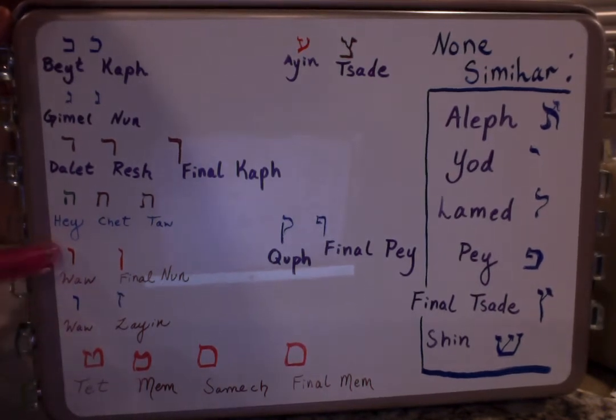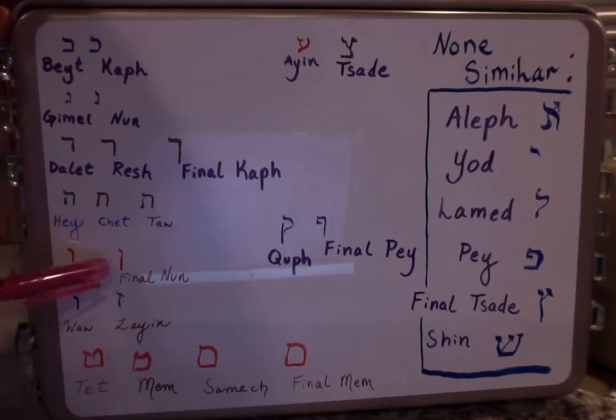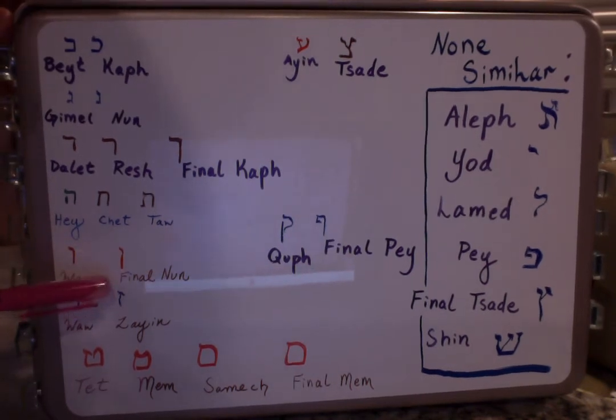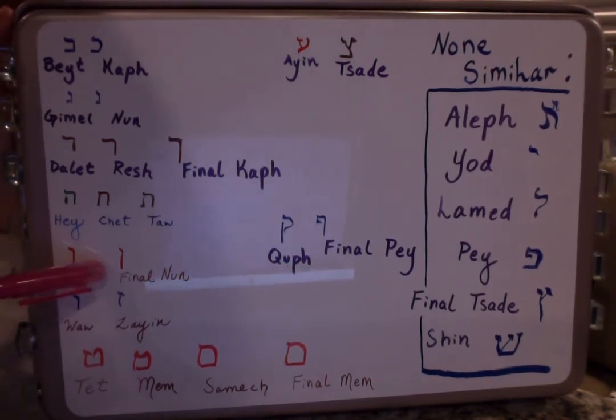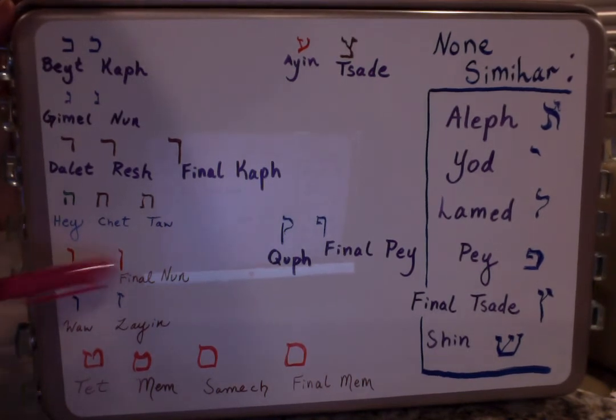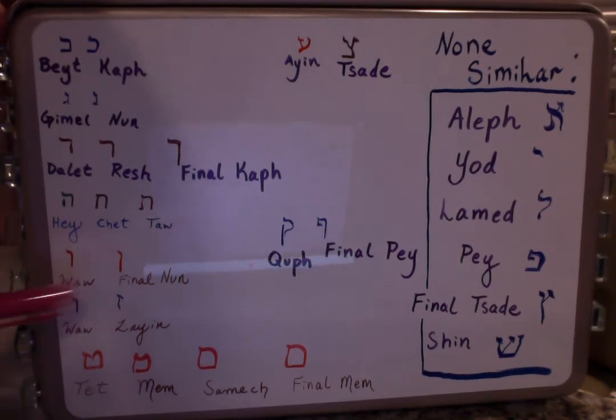So Waw, we have the little tip and curve down. Then with the final Nun, we have the little tip and then it curves down much farther. It's a lot longer. So when you're looking up a word, it's very important to pay attention to if it's at the end of a word, does it come down a little farther than the other letter forms that are listed?